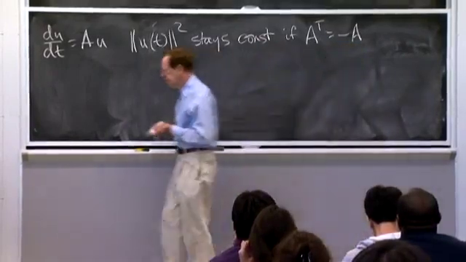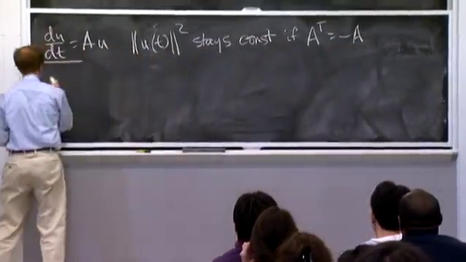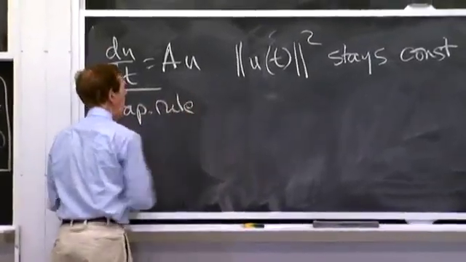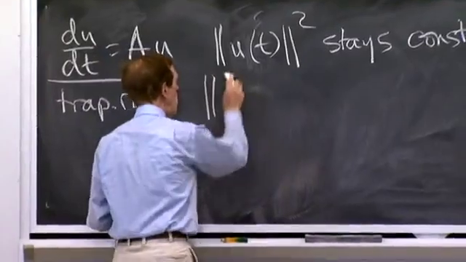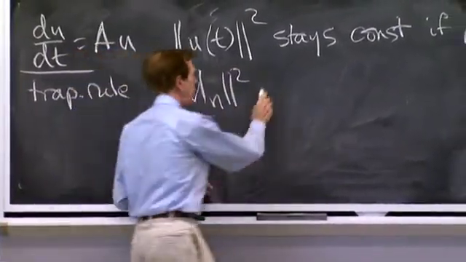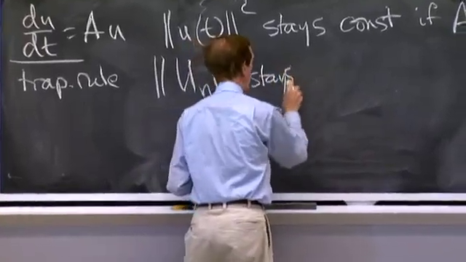Now the question was about the difference equation. So we're taking the trapezoidal rule, and we want to show that the norm of un squared stays constant for the trapezoidal rule.